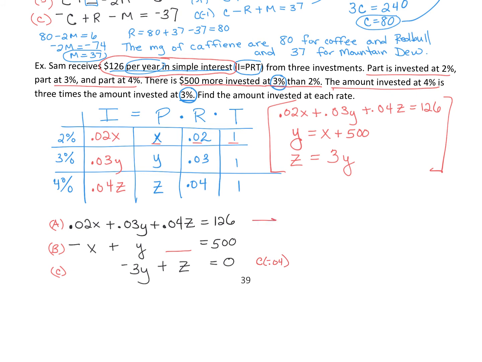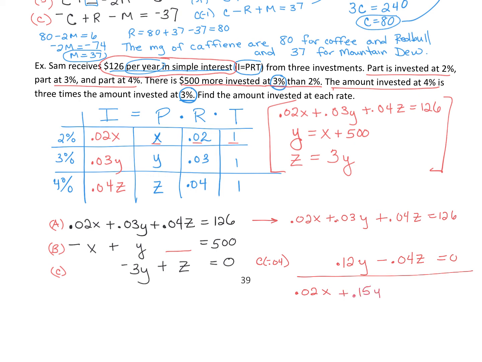So I'm going to rewrite A, and then I'll multiply C by negative 0.04. That's going to give me 0.12y minus 0.04z equals 0. And adding those together, I'll get 0.02x plus 0.15y equals 126.